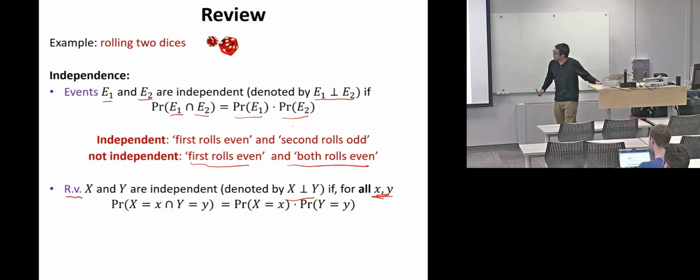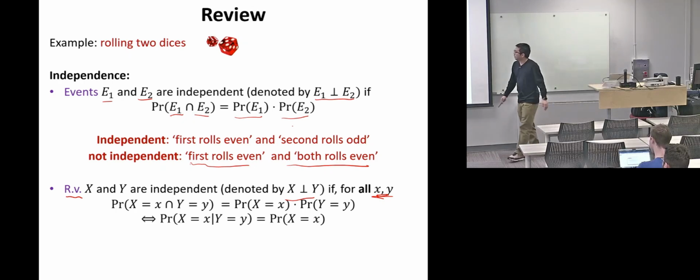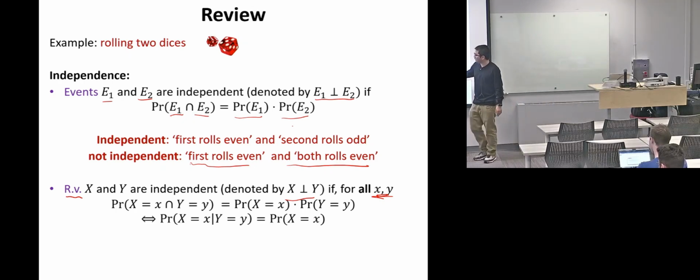And you observe that this is true if and only if this is the case. This makes even more sense intuitively for humans. It means that the probability that X equals x, given that you know something about Y, is just the probability that X equals x.